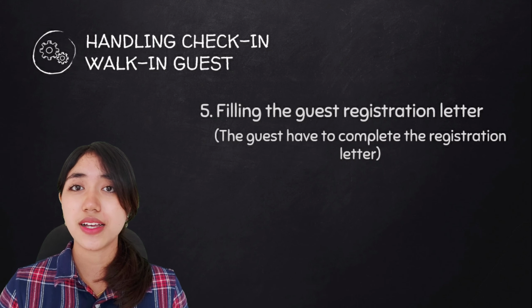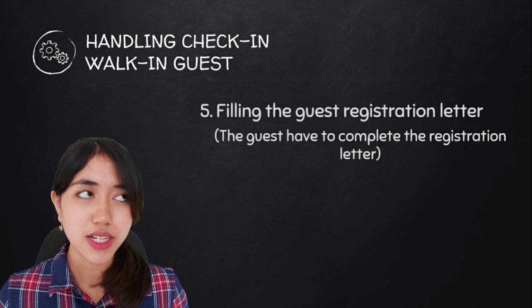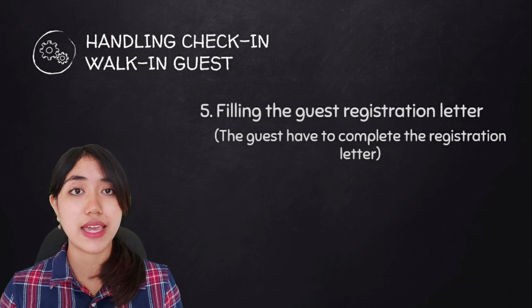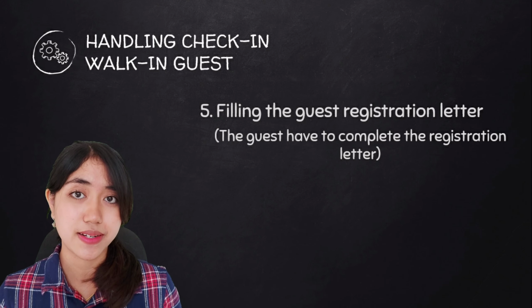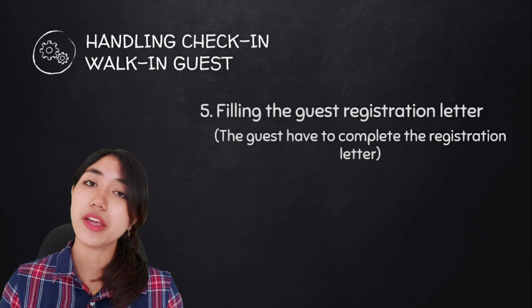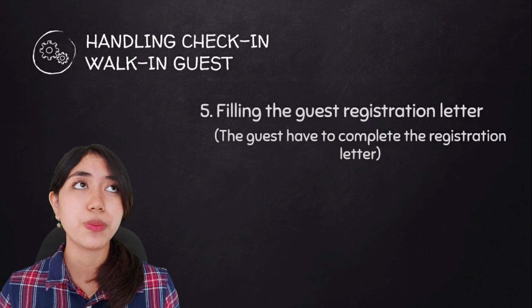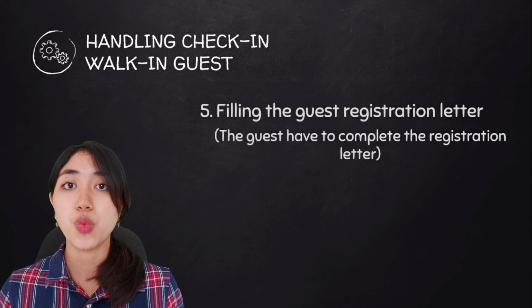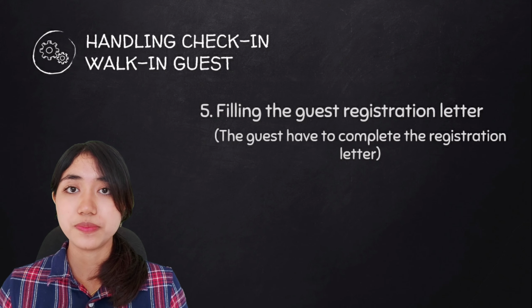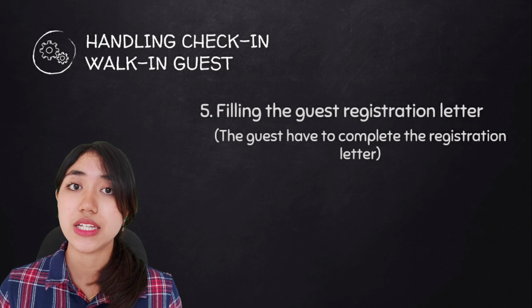Okay, the next procedure is filling in the guest registration letter and asking for the guests' ID card to complete the registration. Okay everyone, after choosing the room that will be occupied by the guests, the front office staff will guide the guests to complete the registration letter.